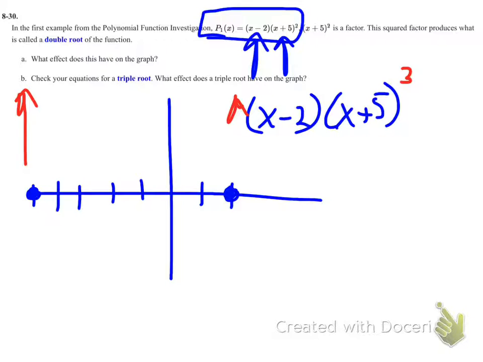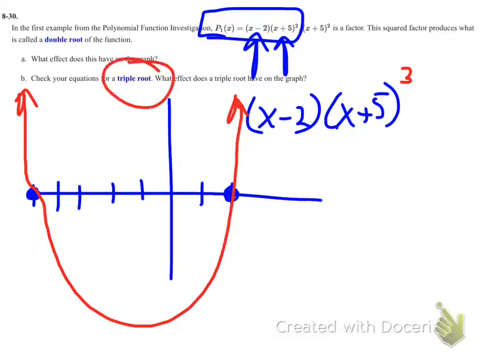As I come to this x-intercept, it's going to go through it like a cubic, and then come around and go straight through there. So the graph would look something like that. That is now a triple root because that has been cubed. It looks like a cubic going through it.